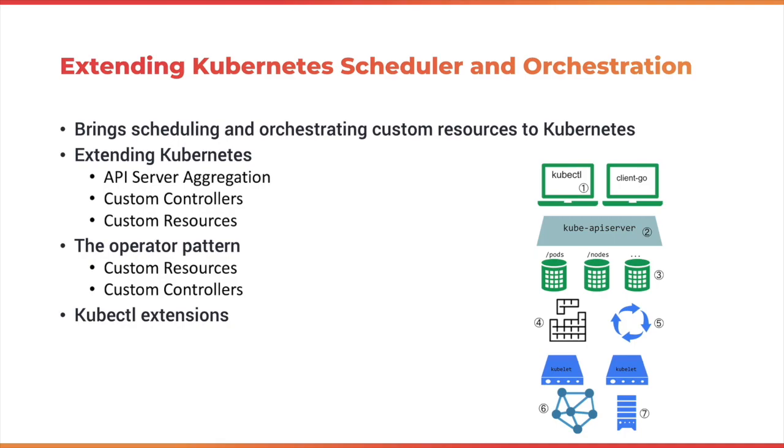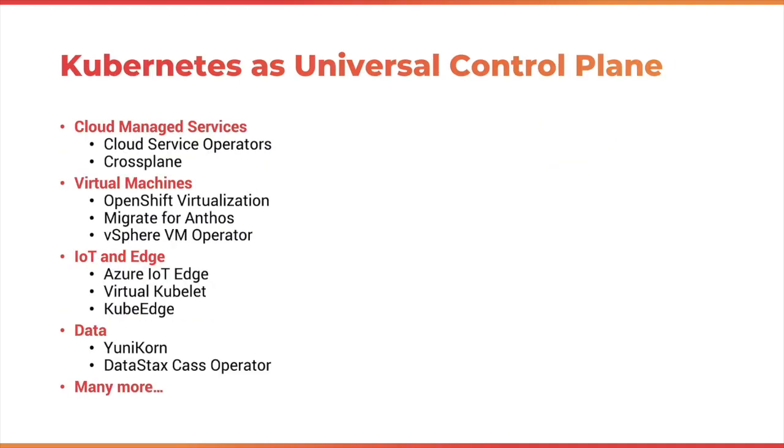So this combination of writing CRDs, controllers, and operators at the server side and creating extensions for kubectl give us a very powerful set of tools to go beyond dealing with nodes, pods, and containers in Kubernetes. This brings us the ability to integrate external resources seamlessly with Kubernetes. So there are many evidences and examples of how this is being done.